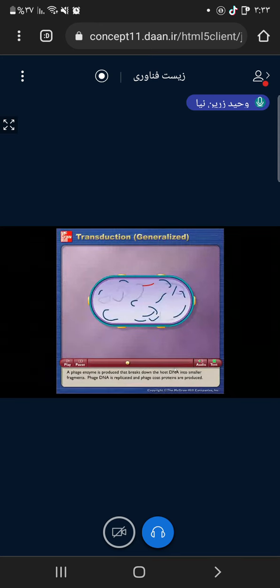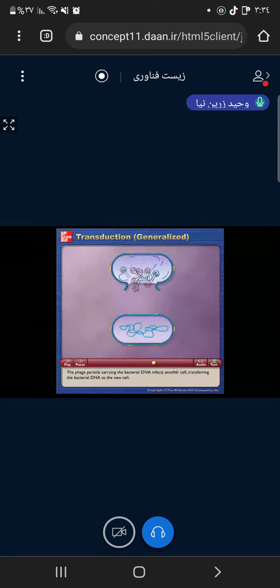DNA transformation involved. In generalized transduction, a segment of DNA is carried from one bacterial cell to another by a bacterial virus called a bacteriophage or phage. The phage attaches to the bacterial cell and injects its nucleic acid into the host cell. A phage enzyme breaks down the host DNA into smaller fragments. DNA is replicated and protein induced.